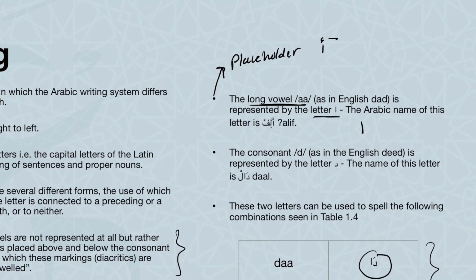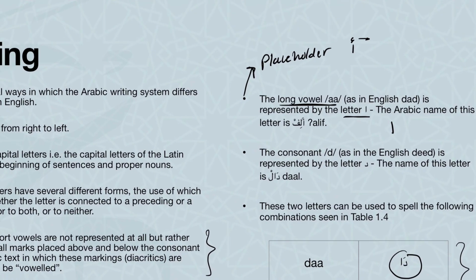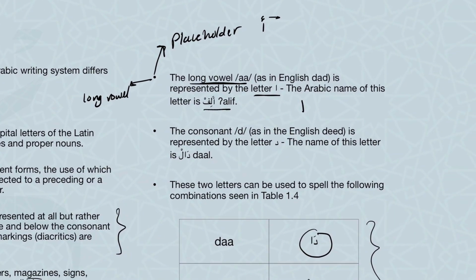Hamza is also a consonant we'll get to by the end of these classes because it's very weird. Or as an indicator for a long vowel. But in itself, alif has no sound, as you cannot pronounce it.